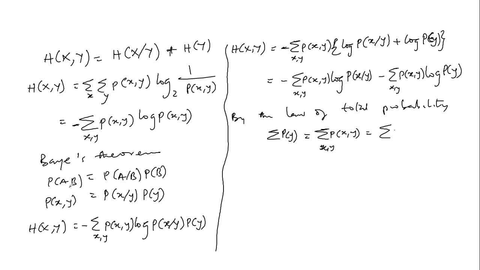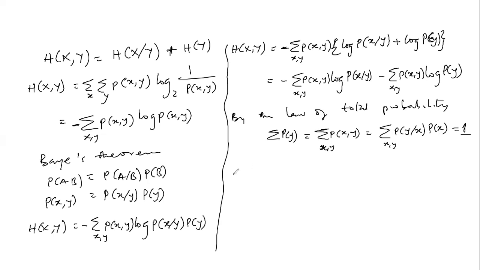Going by Bayes' theorem, this is the same as this. So P of y given x, P of x, this xy, right? So by Bayes' theorem, this expression is the same as this expression, and they are all equal to 1, right? Okay. So the sum of this is equal to the sum of this, which is equal to 1. So if that is true, then we can replace this expression with P of y, okay?